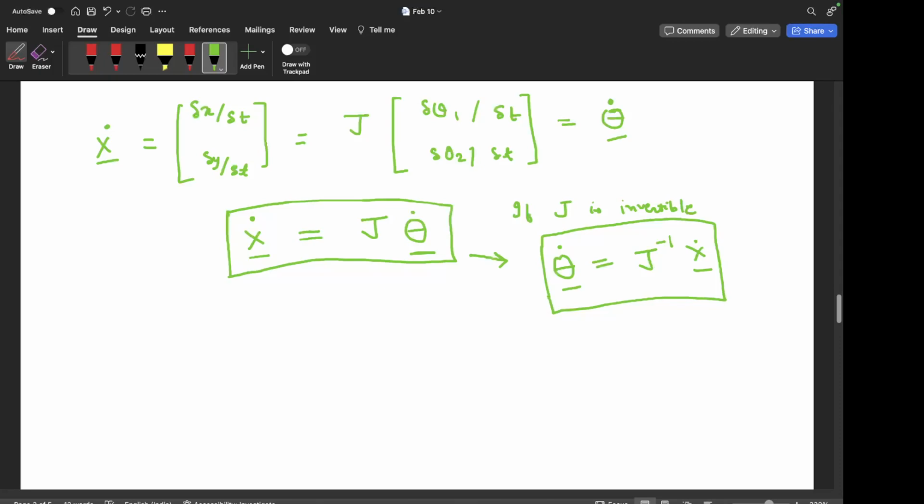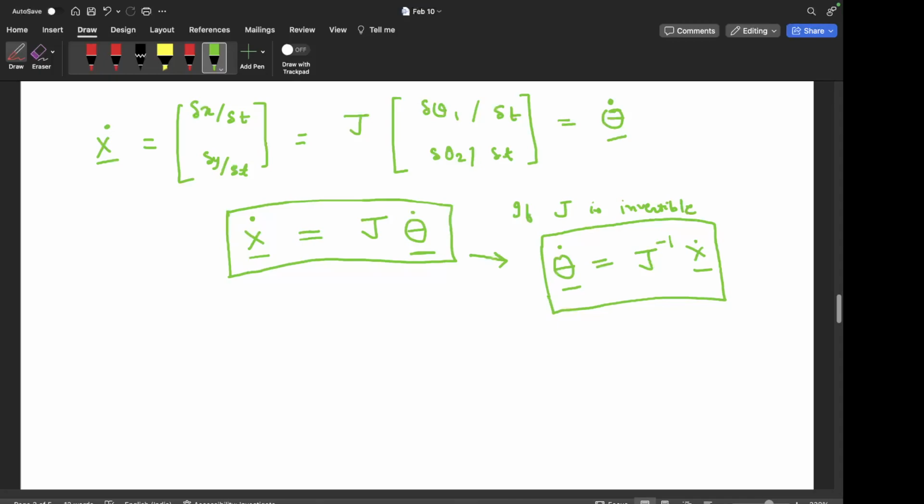Let's try to get the consequences of this result that we have just derived. For a given manipulator, let's say we are just concerned about the end effector. For the end effector you can get the Jacobian matrix, you can derive it once analytically, and you can program it in whatever program you're writing for the manipulator.